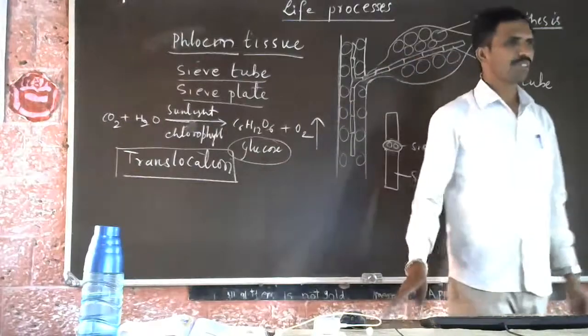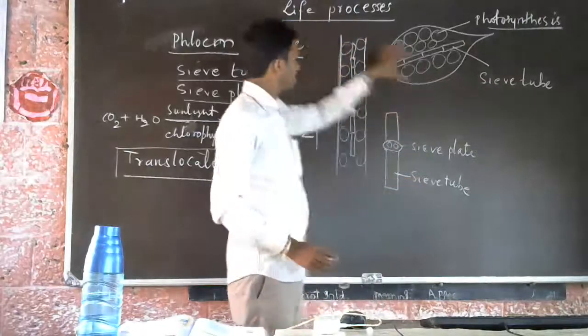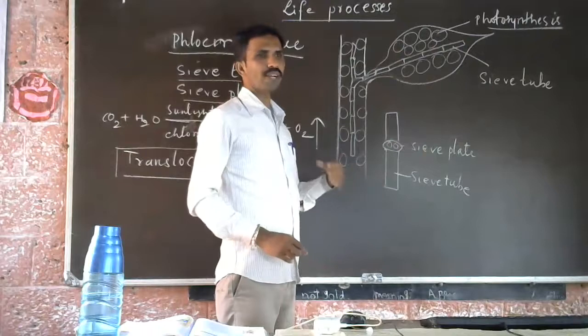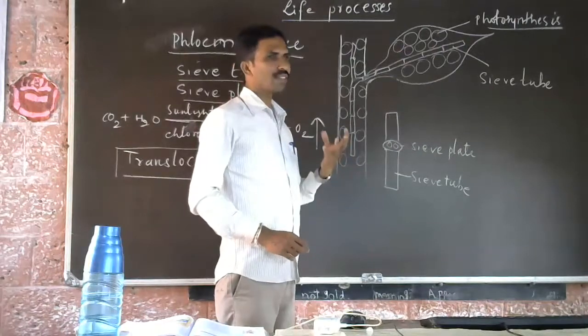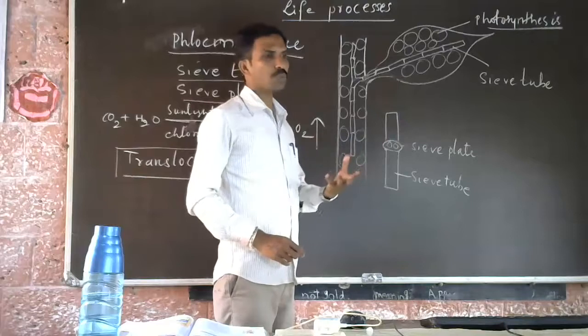Mainly the sieve tubes help in the conduction. Sieve tubes are in higher plants. I told you, tracheophytes are the plants which have xylem and phloem for transportation.